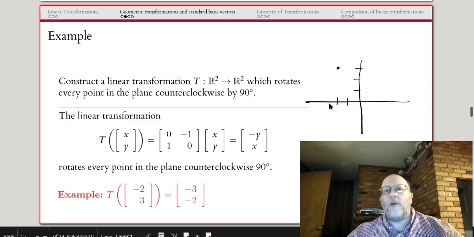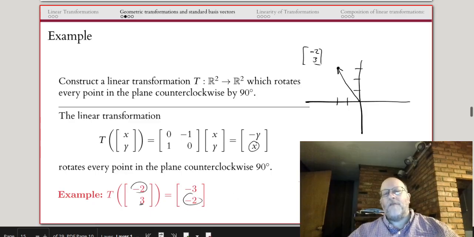So right here is the vector negative 2, positive 3. It transforms into the top number becomes a negative y, so the top number now is negative 3, and the bottom number is now just whatever x is, so that's negative 2.